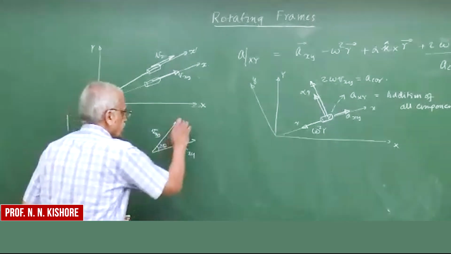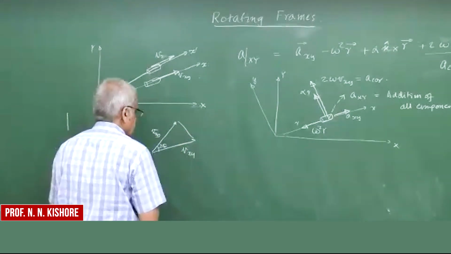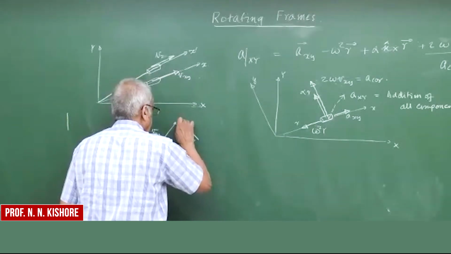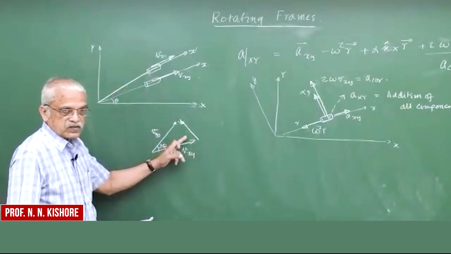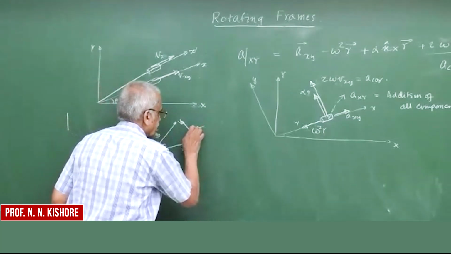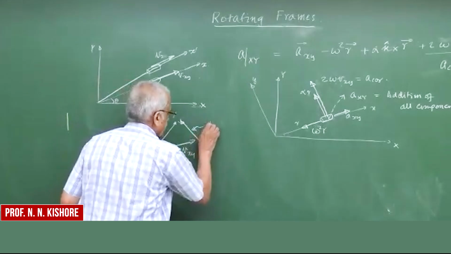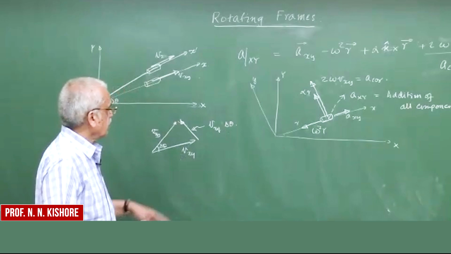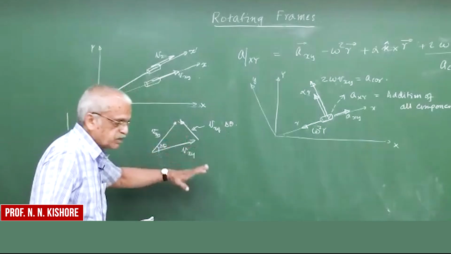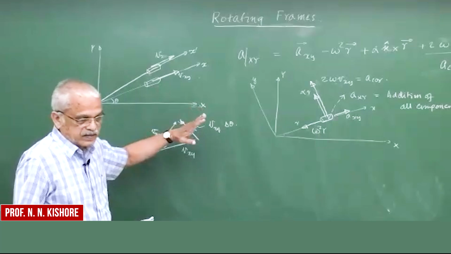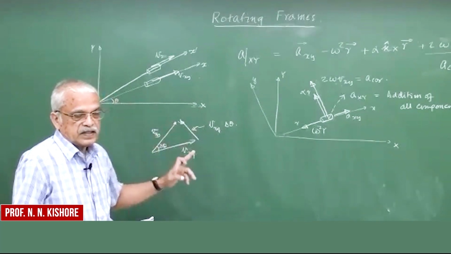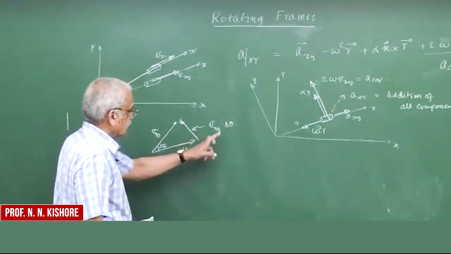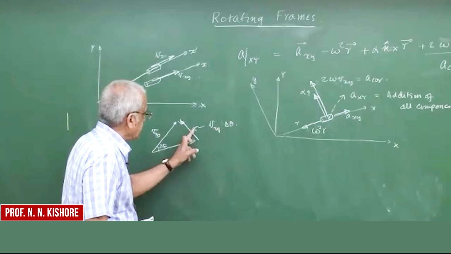Though the magnitude has not changed, its direction has, and the change is V times delta theta. So this component is because the sliding velocity has changed its direction because of the rotation of the rotating frame. That caused a change in the velocity, an acceleration.